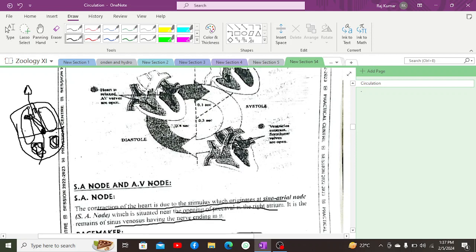Although atrial and ventricular muscles are completely partitioned by the atrioventricular groove, there is only one muscular projection which connects them, known as the bundle of His.